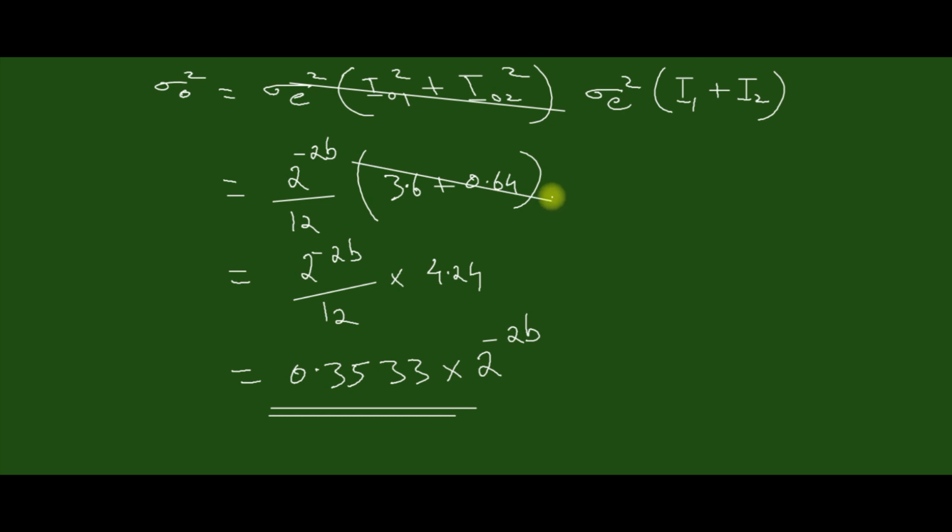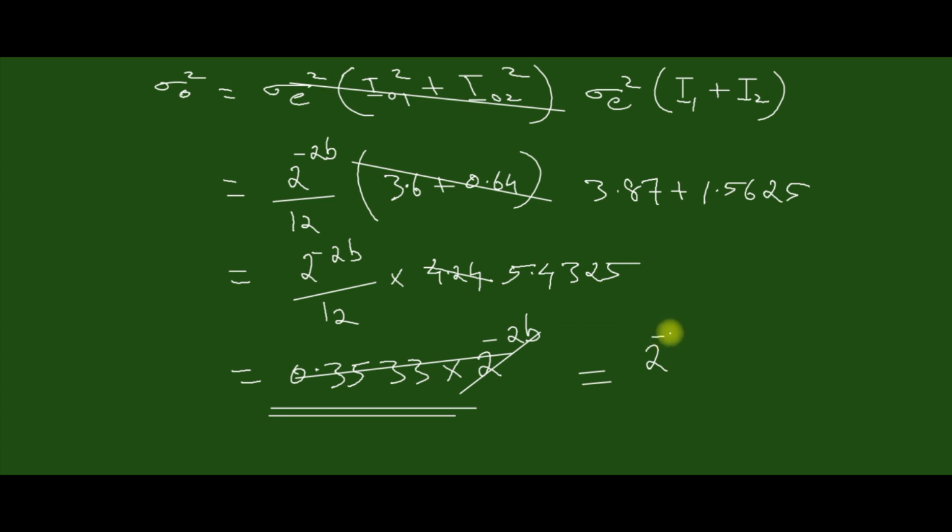So this will be replaced with 3.87 plus 1.5625, and summing we get 5.4325. So the final answer can be written as 2 raised to minus 2b divided by 12 into 5.4325.